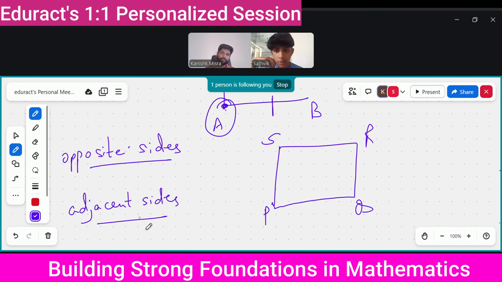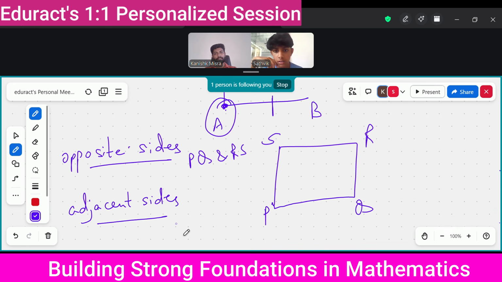Opposite sides will be PQ and RS, and adjacent sides will be QR and QP. Only PQ and RS? Would there be any other opposite side pair also? PS and RQ.